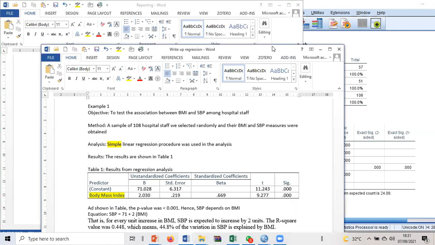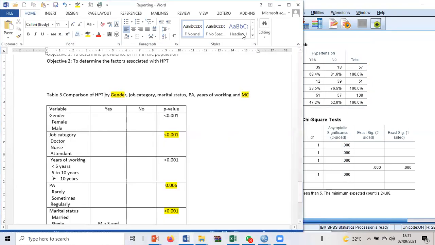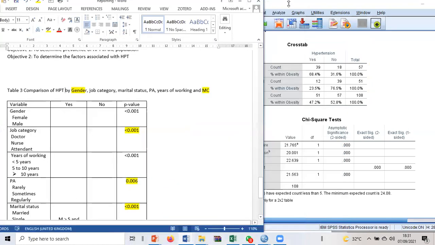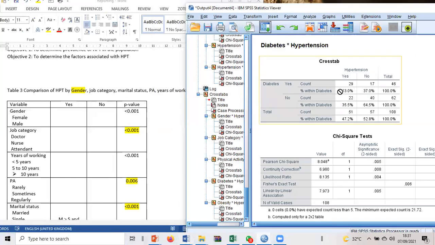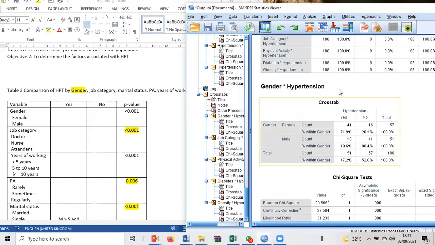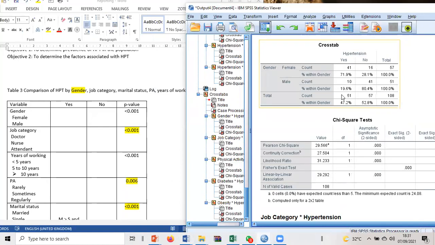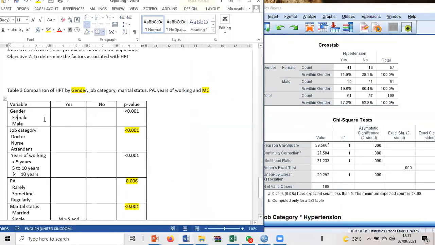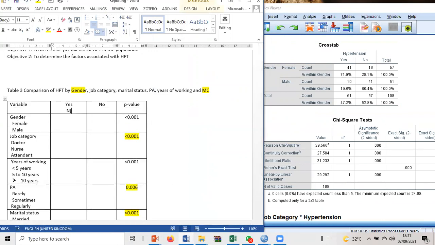We have done the analysis already. Gender. Female. So here is going to be number and percentage.